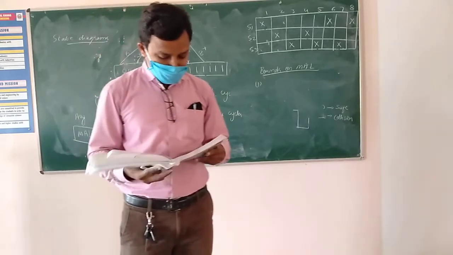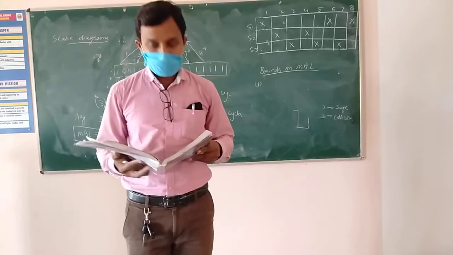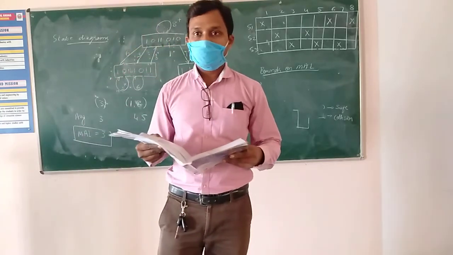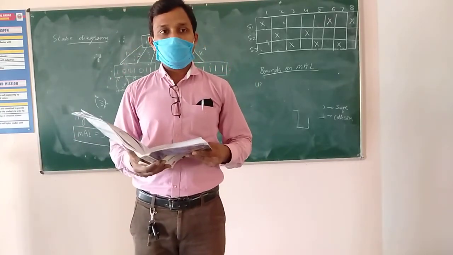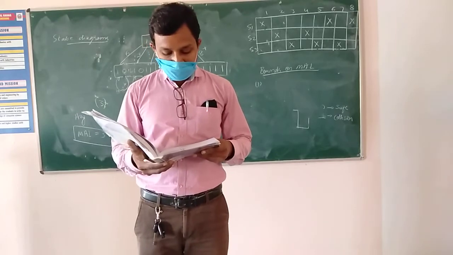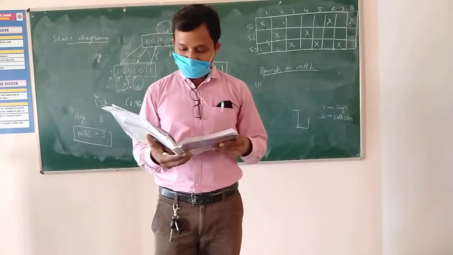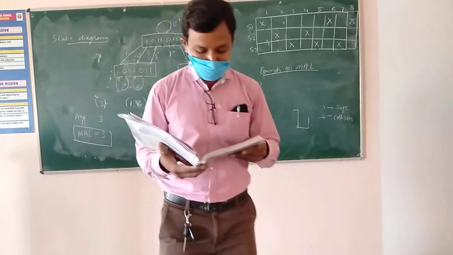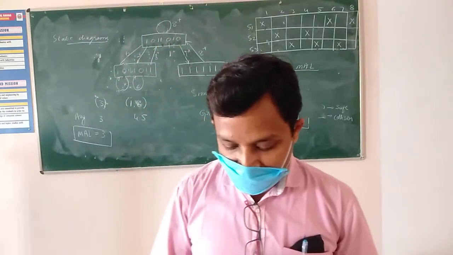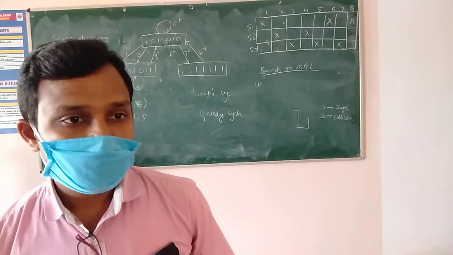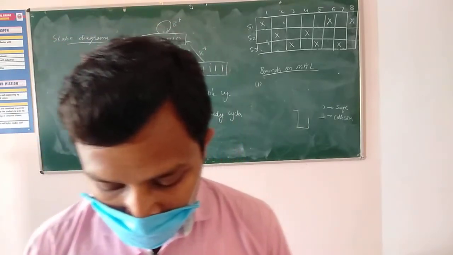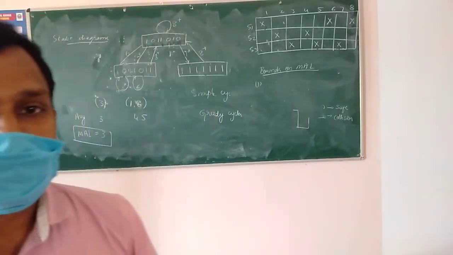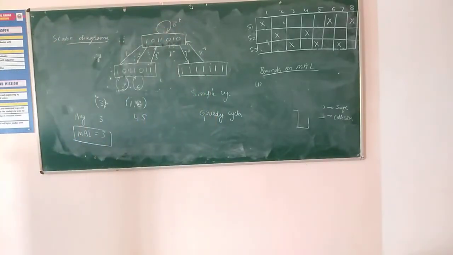The MAL is lower bounded by the maximum number of check marks in any row of the reservation table.